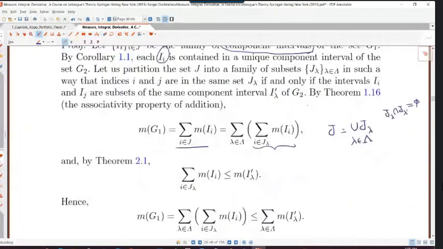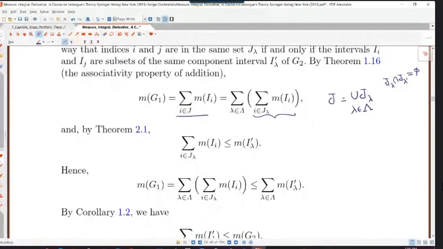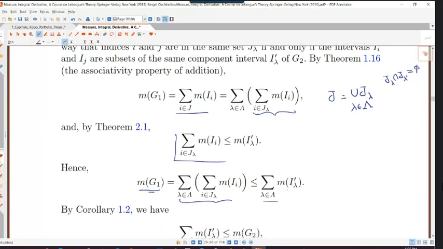Now we have this: M of I_i, where i belongs to J_lambda, is less than or equal to M of I'_lambda. Hence, M of G1 is equal to this double sum by partitions, and this is less than or equal to the sum of M of I'_lambda, where lambda belongs to capital Lambda.